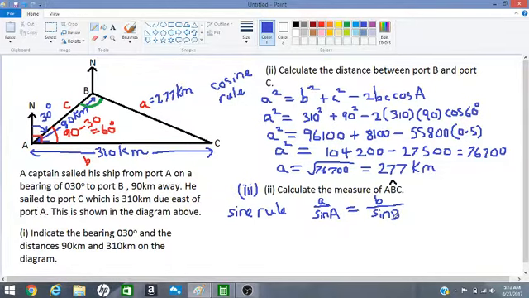We don't have capital B. That is what we want to find. Okay, so let us substitute our values. So small a is 277, sine capital A will be sine 60 degrees. That is equal to, small b is 310 over sine B.